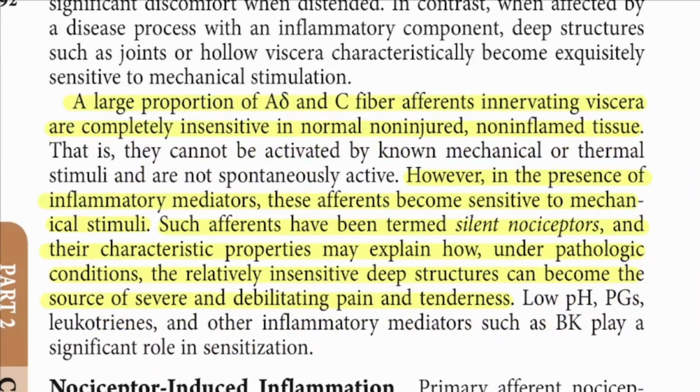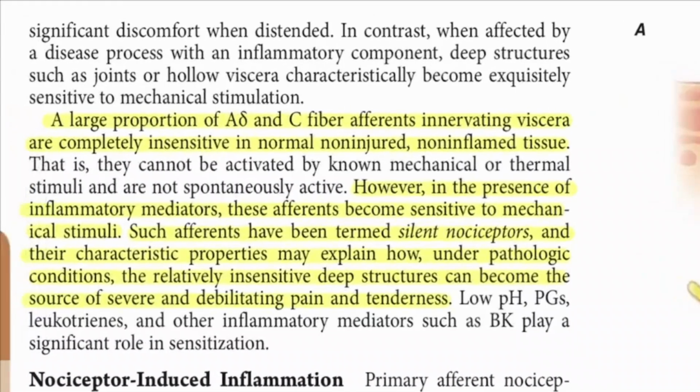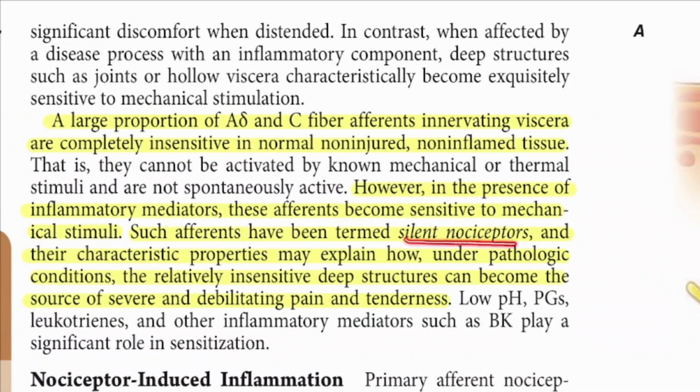Right. Then they have told us about the referred pain. No, this is not referred pain. This is basically silent nociceptors. They say normally there are some receptors in the viscera, meaning in your organs. The receptors are there, but they do not respond to pain.